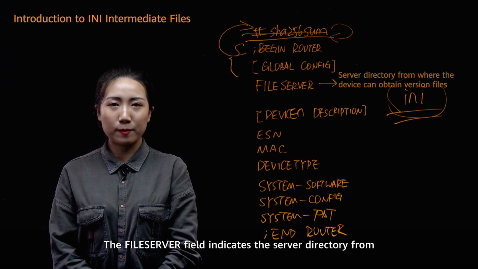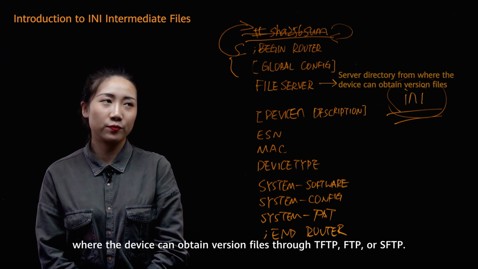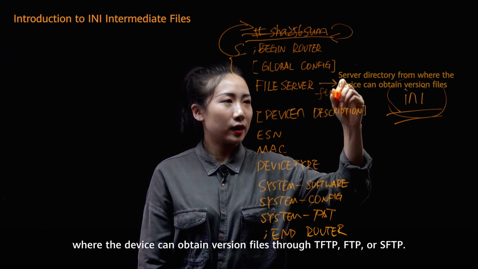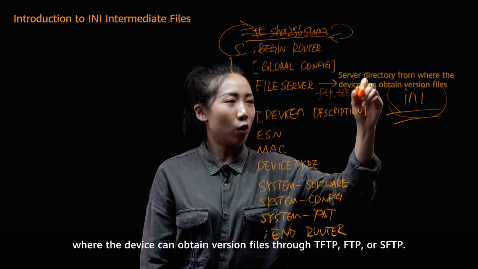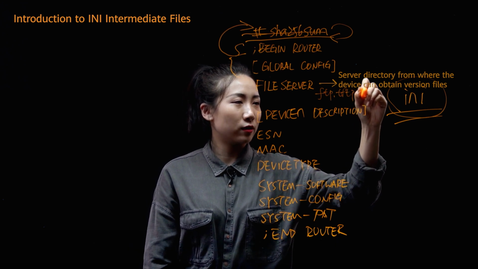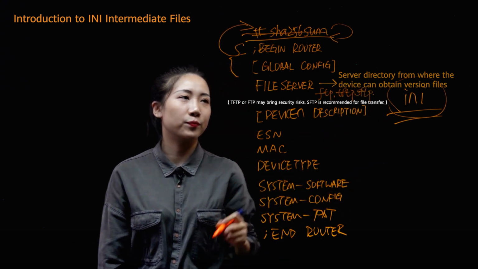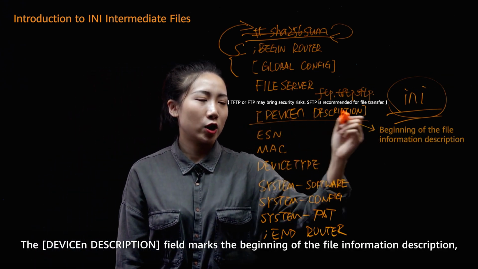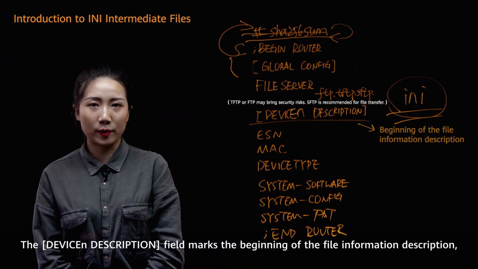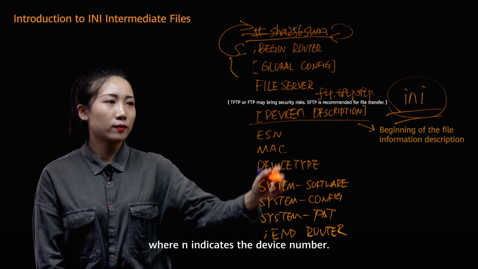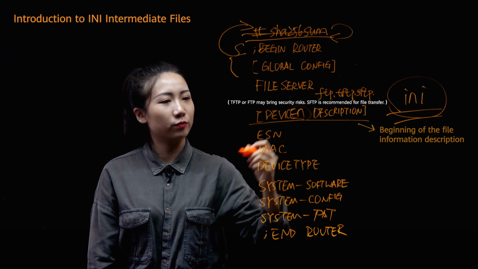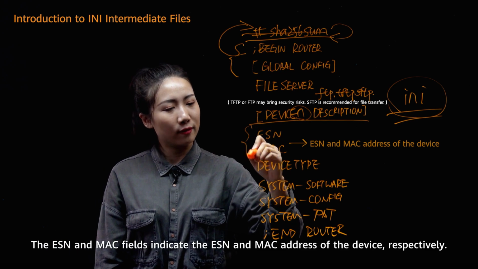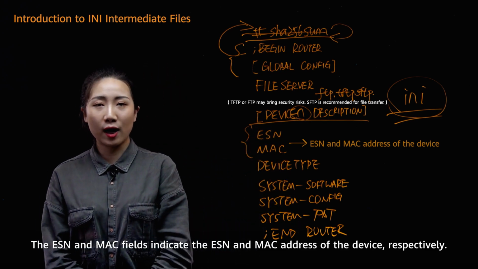The file server field indicates the server directory from where the device can obtain version files through TFTP, FTP, or SFTP. The device N description field marks the beginning of the file information description, where N indicates the device number. The ESN and MAC fields indicate the ESN and MAC address of the device respectively.